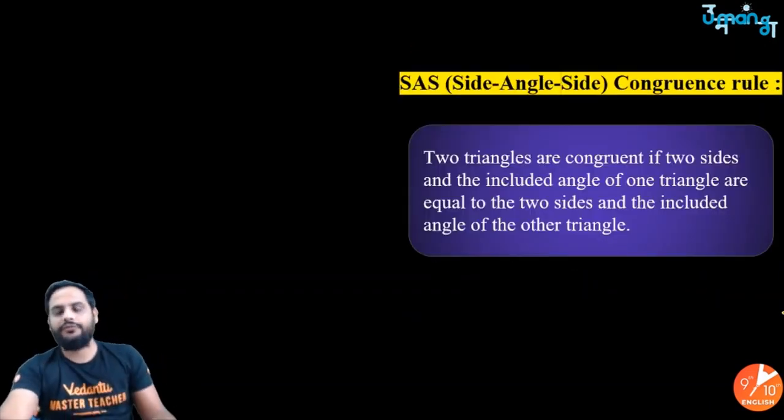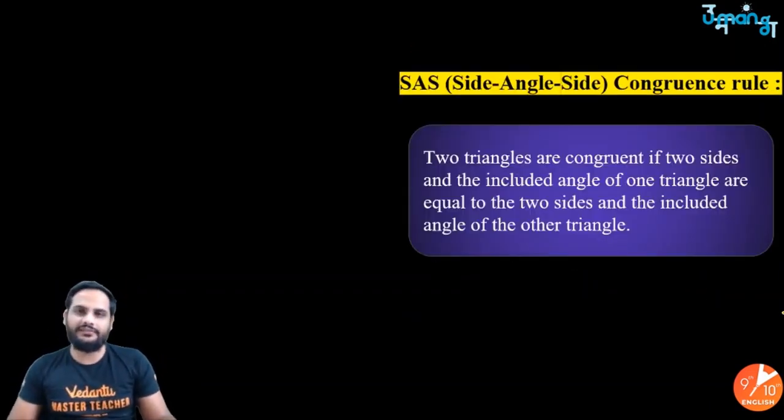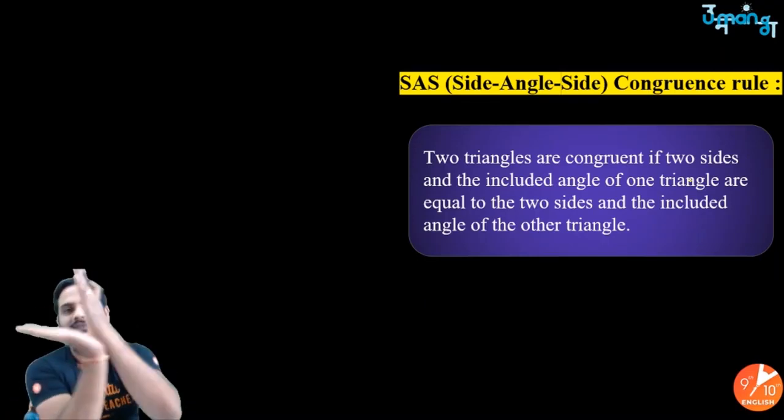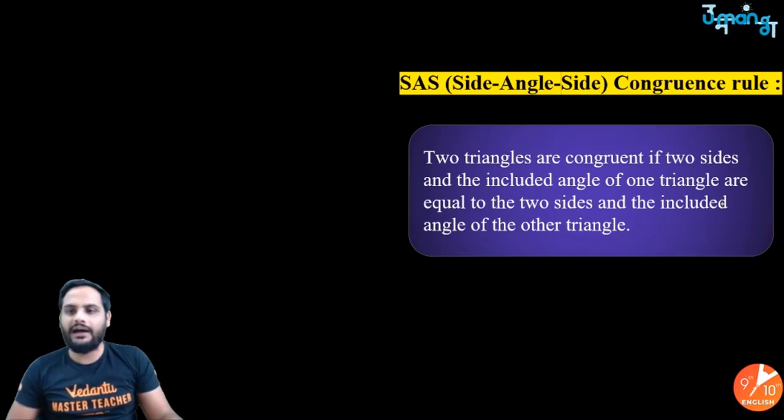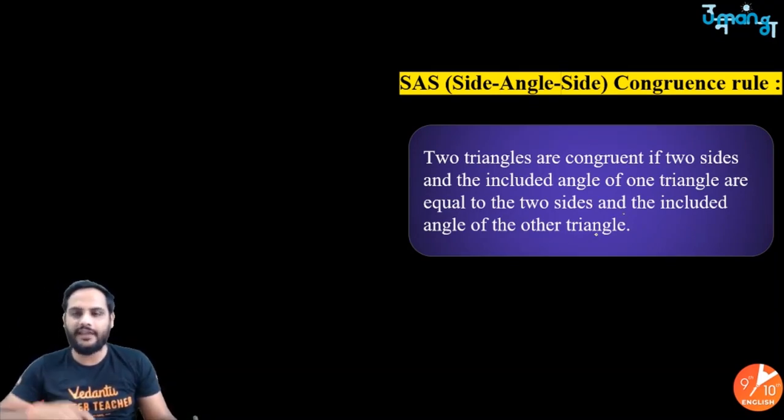Okay, chalo. So first let us understand what is SAS. SAS says two triangles are congruent if two sides and the included angle of one triangle, the angle included in between those, are equal to two sides and the included angle of another triangle.